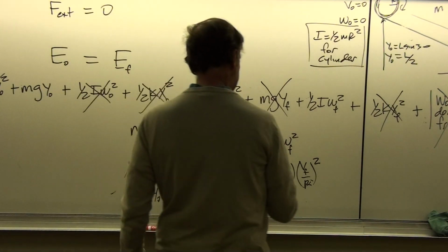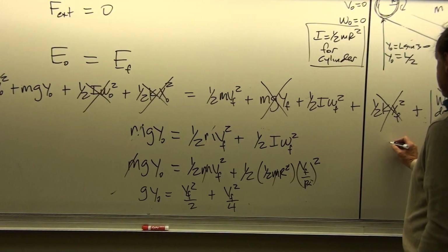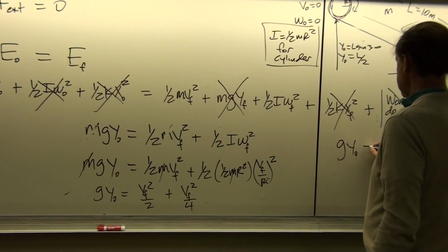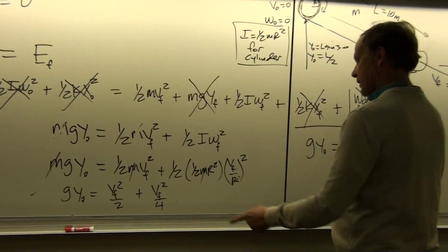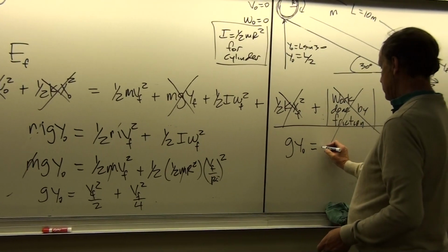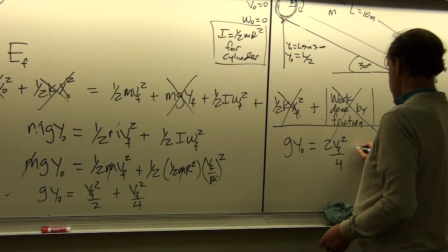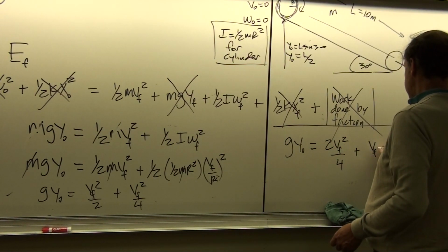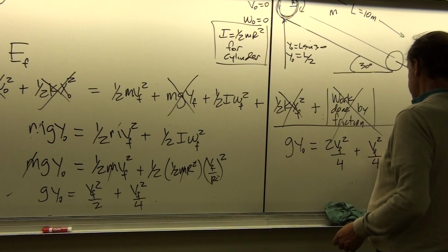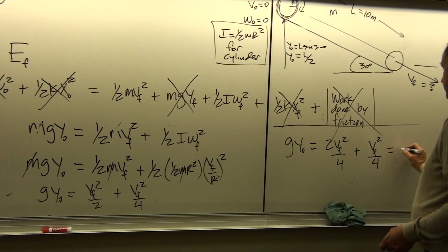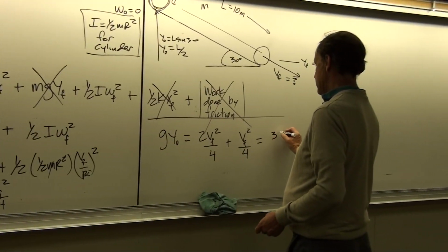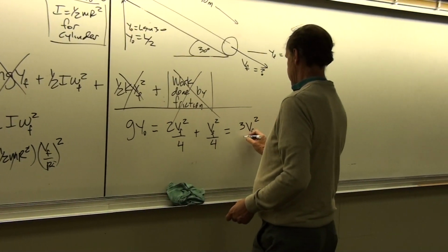So we can simplify this a little farther and just say that gy naught is equal to, on the right, 2v final squared over 4 plus 1v final squared over 4. Or that'll be equal to 3v final squared over 4.